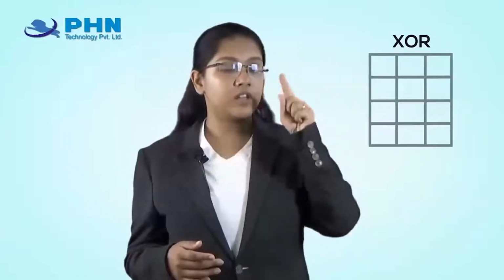Right? So this XOR, see, when it is 0 and 0, then it will give me only 0, because here the condition is 1 should be true, 1 should be false. But here both are false. And in the next 2nd and 3rd step, I am getting 1 because I have satisfied the condition of XOR.